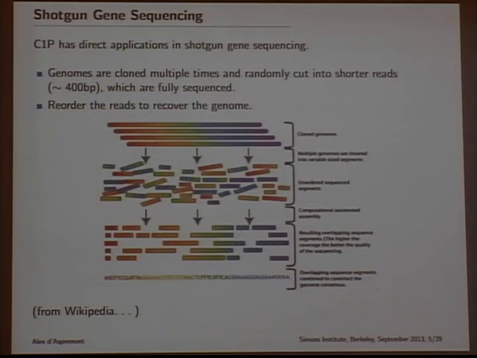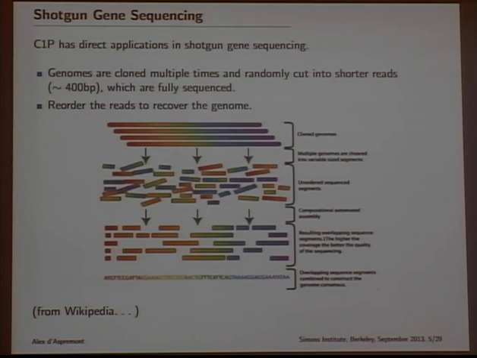So why is this important? Well, in shotgun gene sequencing, for example, what you really want to solve during assembly is a C1P problem. So how does shotgun gene sequencing work? Well, we don't know how to sequence long sequences of genes. So what happens is that they're cut into small pieces, about 400 base pairs. That number increases slowly over time, but roughly speaking, that's the order of magnitude.